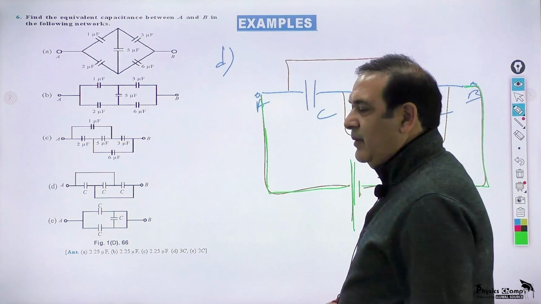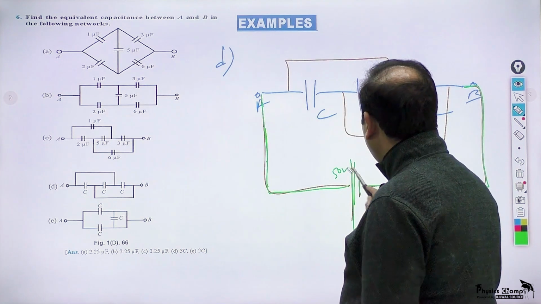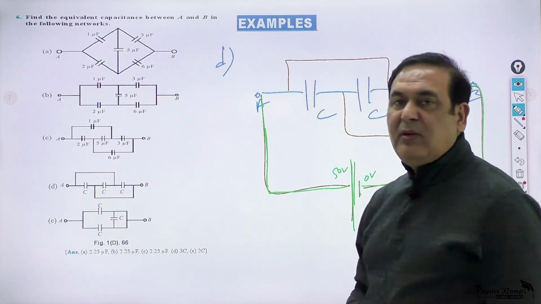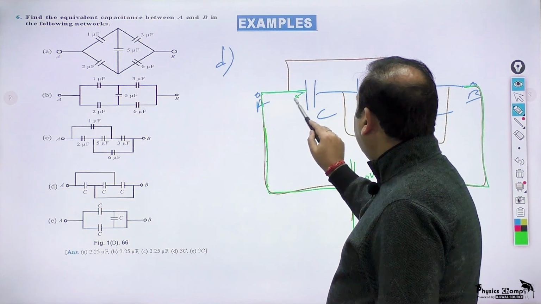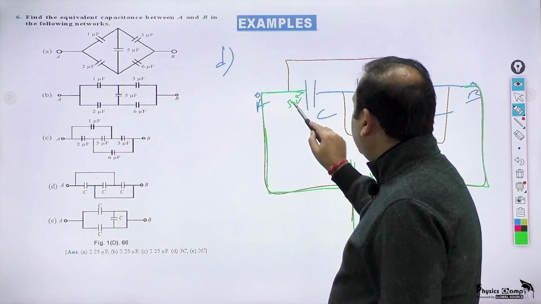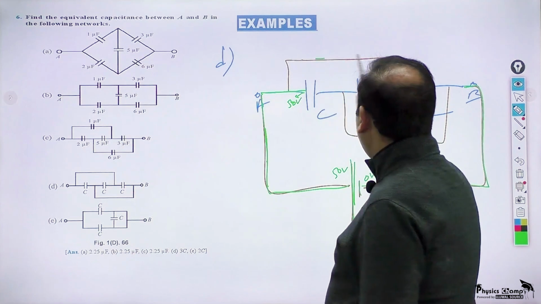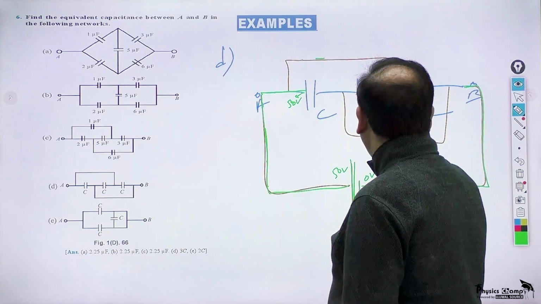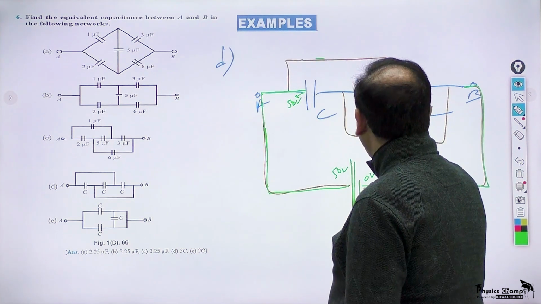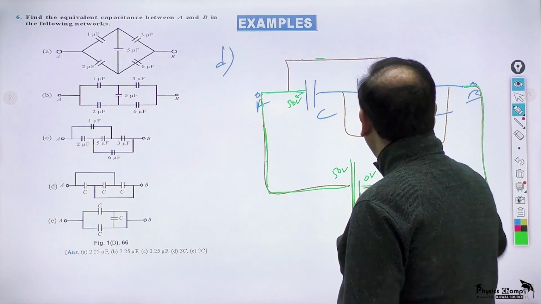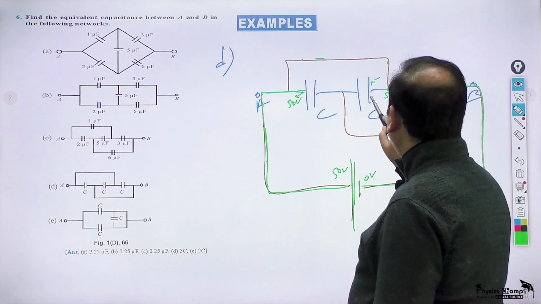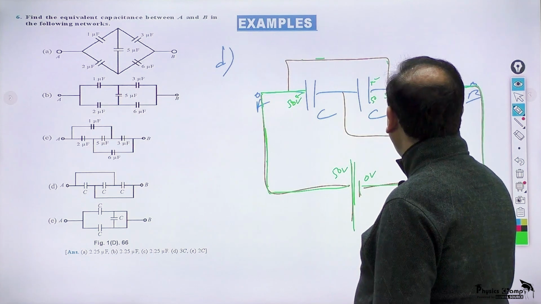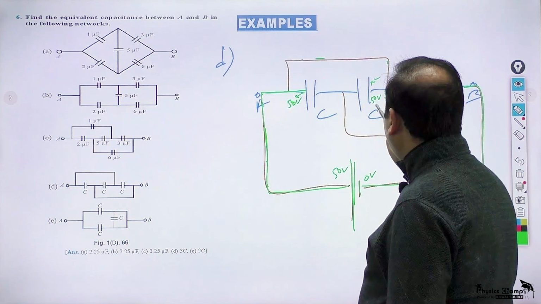You can check. Maybe here there is a potential of 50 volt, here there is a potential of 0 volt. If this is 50 volt, over here I have a potential of 50 volt, and everywhere on this I have a potential of 50 volt. It means this is also at 50 volt and this is also at 50 volt. And this is also at 50 volt. So there are 3 points which are at 50 volt.